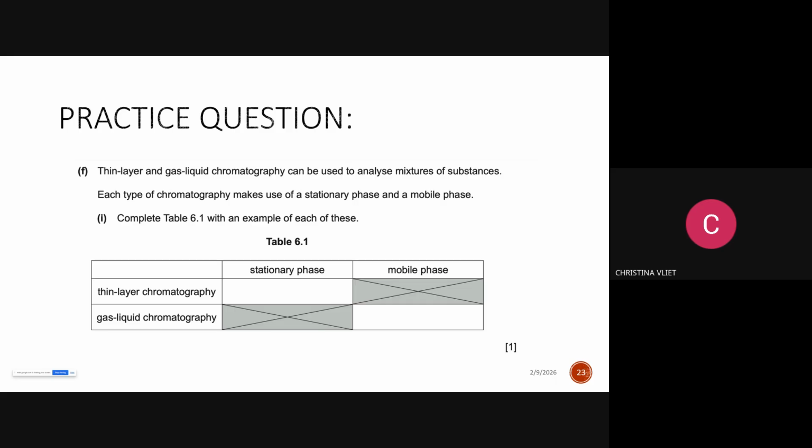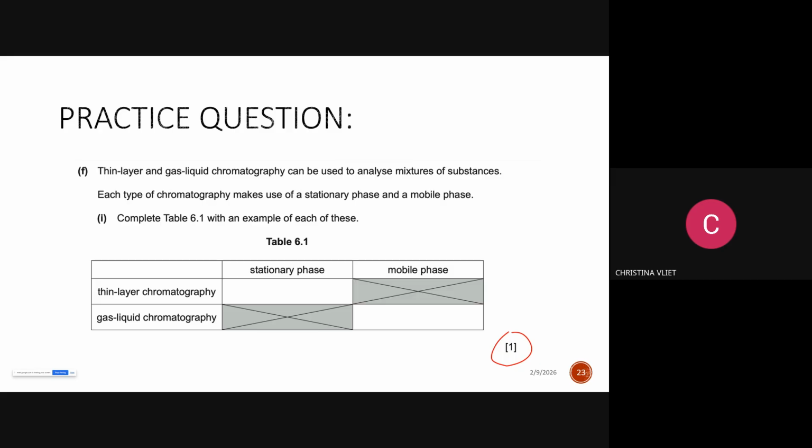This is a 1-mark question. I wanted to make sure to show you what some questions could look like. Thin layer and GLC can be used to analyze mixtures. Each type makes use of a stationary and a mobile phase. Complete: what is the stationary phase of thin layer chromatography? They expect you to know what this white stuff is.